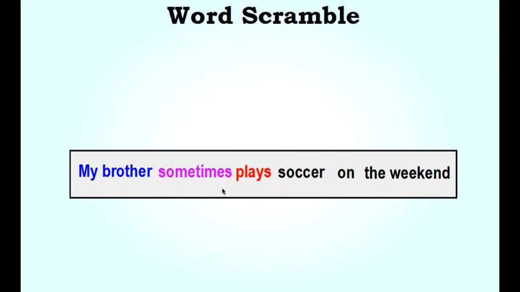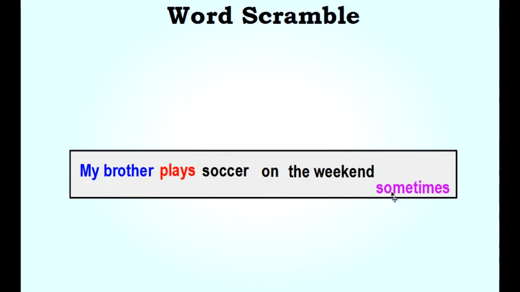Or we can use sometimes at the beginning of the sentence. For example, sometimes my brother plays soccer on the weekend. Or we can use sometimes at the end of the sentence. For example, my brother plays soccer on the weekend sometimes. So remember, sometimes is a flexible adverb of frequency.